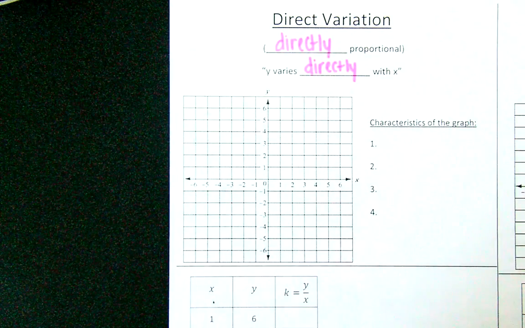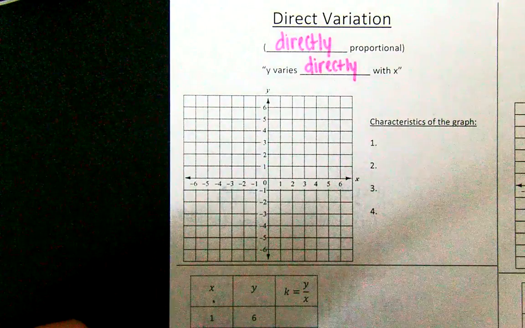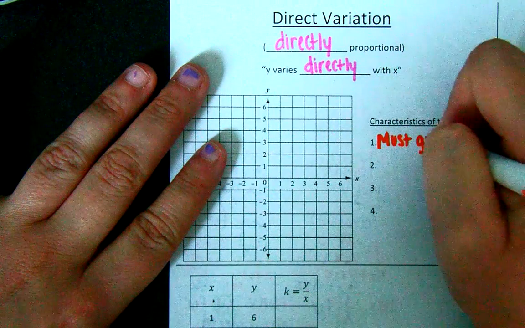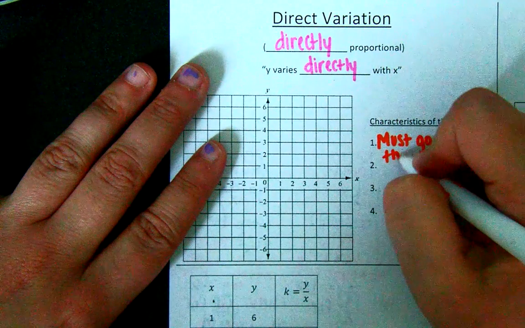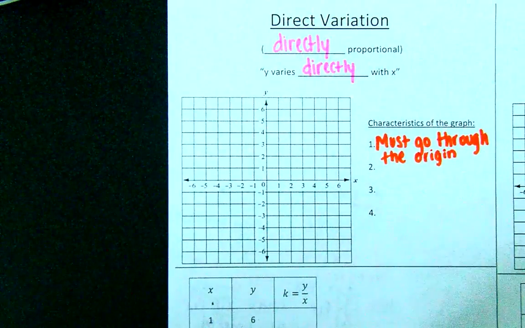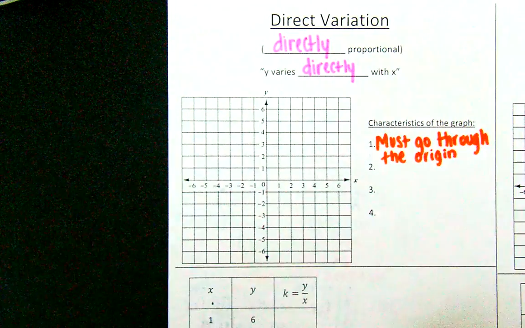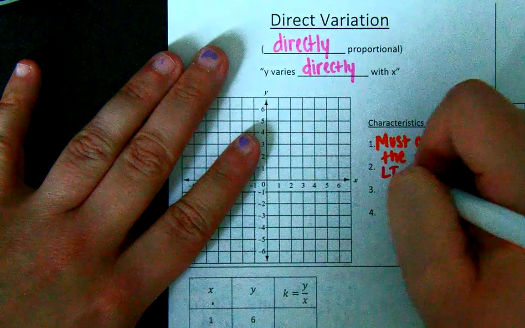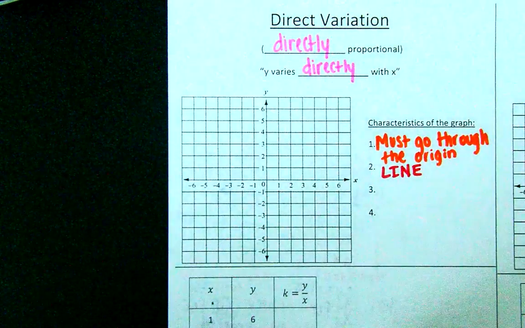Now, let's look at the characteristics of the graph. One characteristic is it must go through the origin. If it does not go through the origin, it is not direct variation. Another characteristic is it's a straight line.